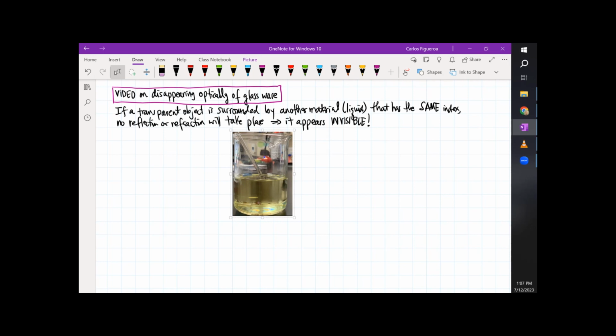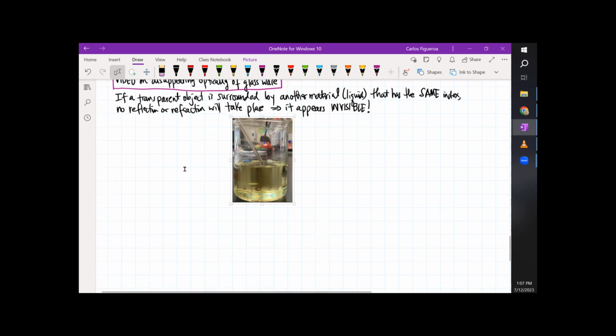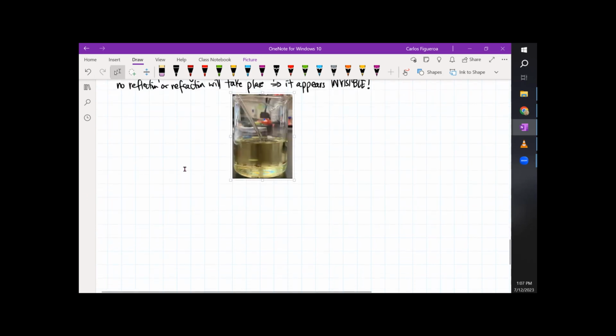So now what I want to do here is that we've been talking about the index of refraction, and we are not done with the index of refraction. So here is a more detailed look at the index of refraction.